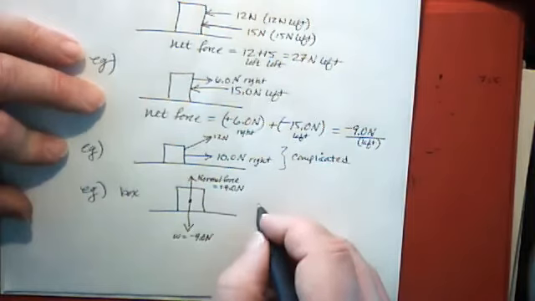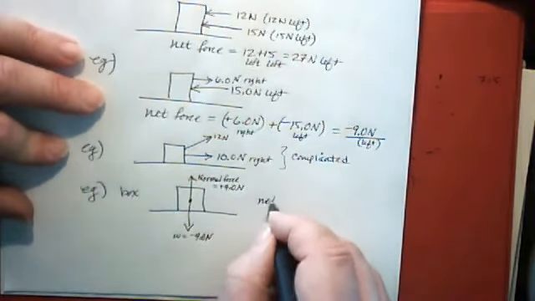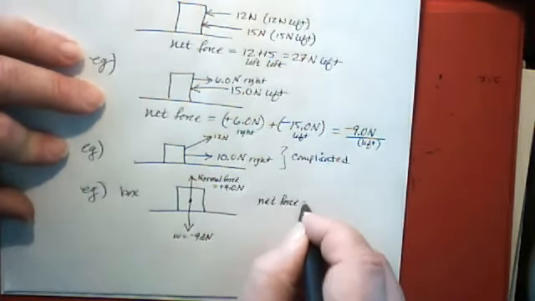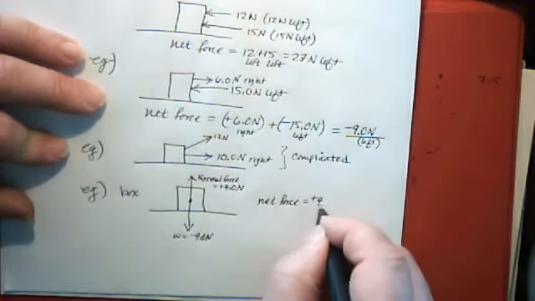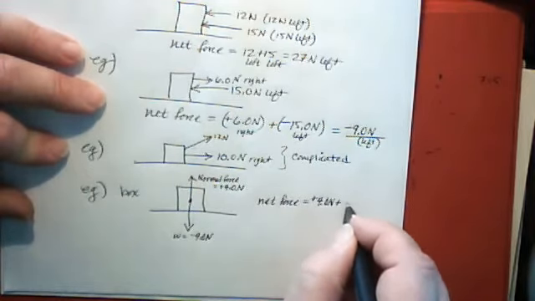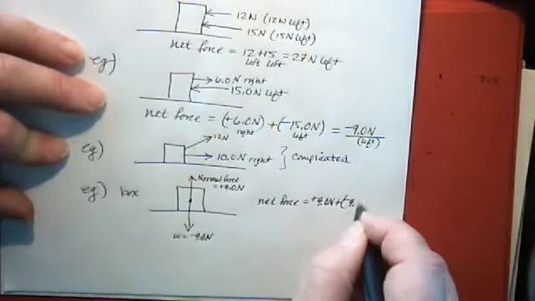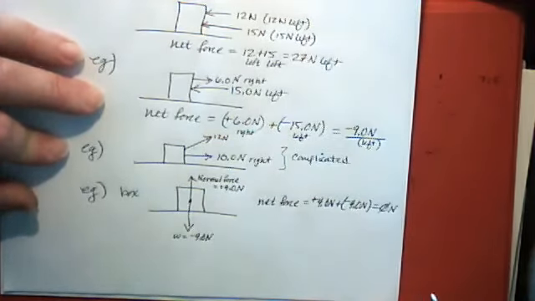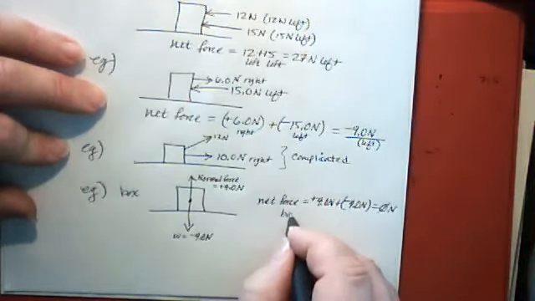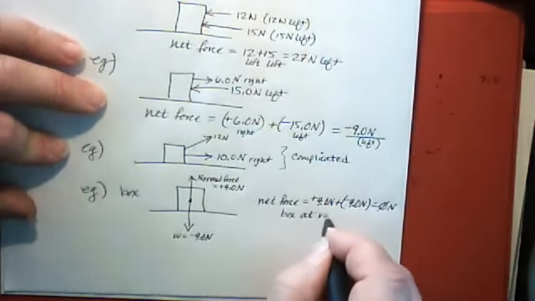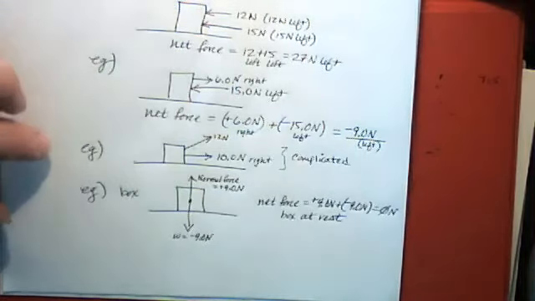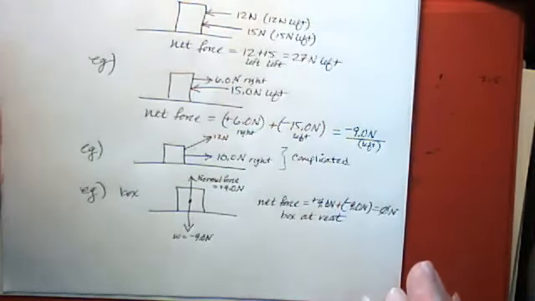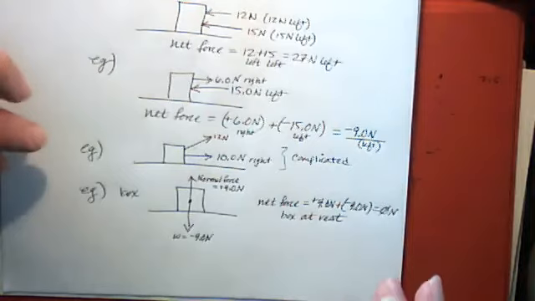And the net force in this case equals plus 4.0 newtons plus negative 4.0 newtons, which is 0 newtons. So the box is at rest. In other words, it's not moving.